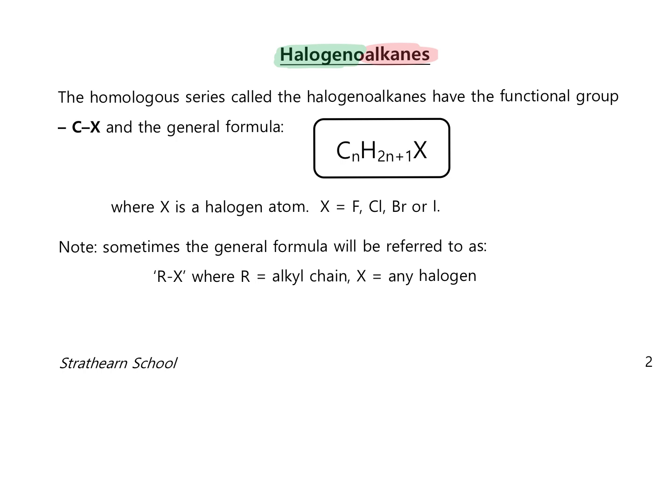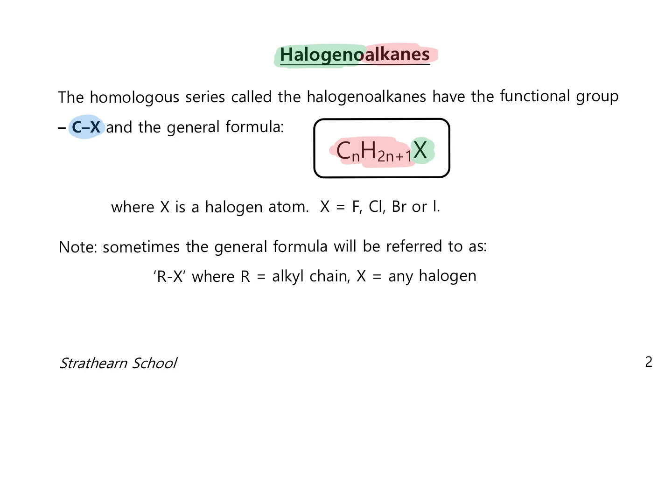The functional group of a halogenoalkane is C-X, so the carbon that is bonded to your halogen. And there might be more than one of those within your halogenoalkane. But if there's just one of them, then here is your general formula. It is CnH2n+1X.